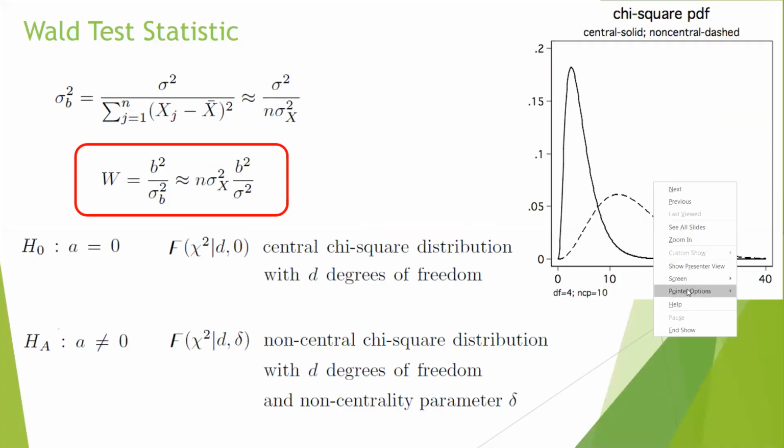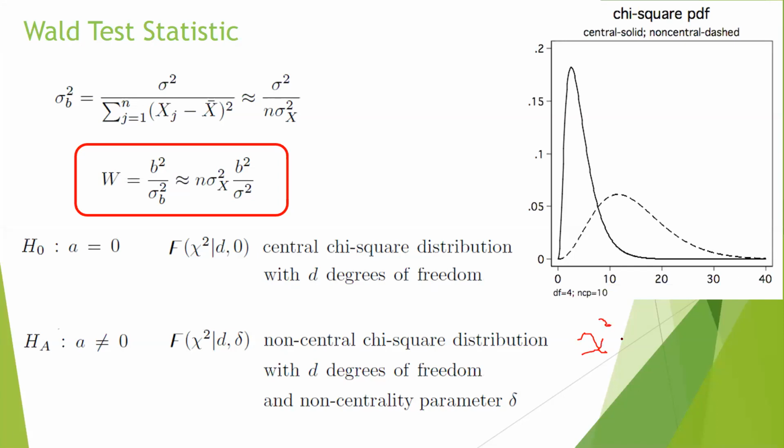This is the so-called central chi-square distribution. However, if your chi-square is related to, let's say, y, and this y is a normal distribution but is not centered at 0, let's say y is normal with mean equal to 10 and variance still equal to 1, what happens?